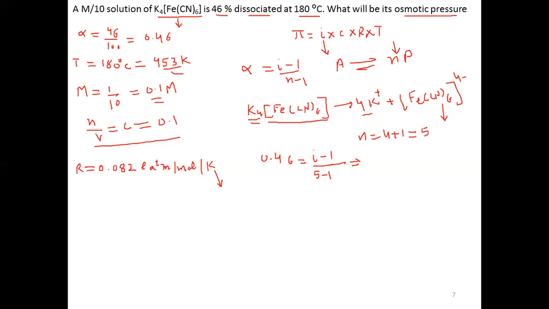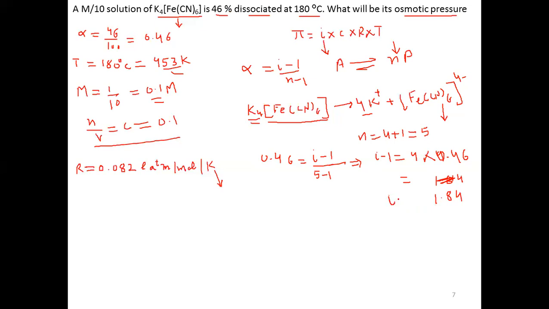Which gives us iota minus 1 is equal to 4 into 0.46, which is 1.84.